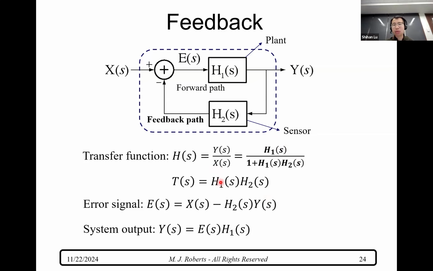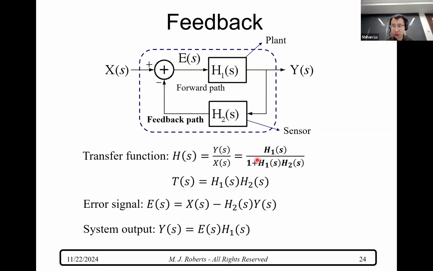But because we introduced a new feedback path, H2 of s, into such a system, now the overall transfer function becomes H1 of s over 1 plus H1 of s times H2 of s. And because H1 of s times H2 of s will be used so many times, we just add another notation here, T of s.